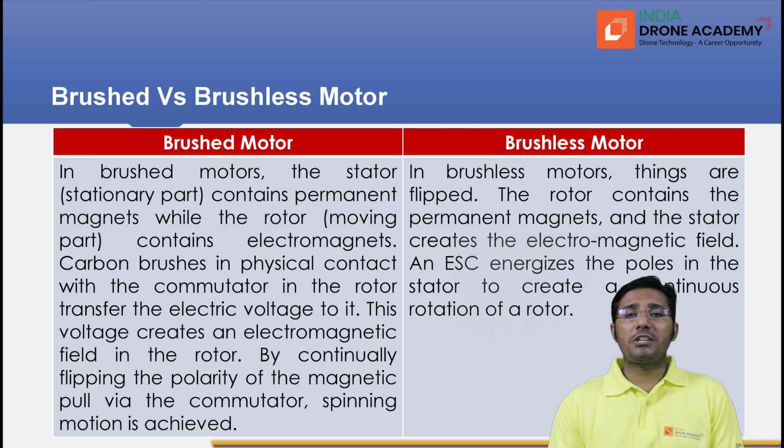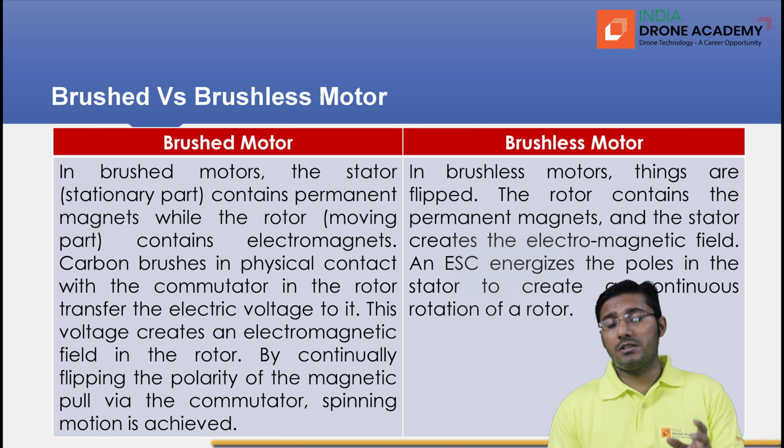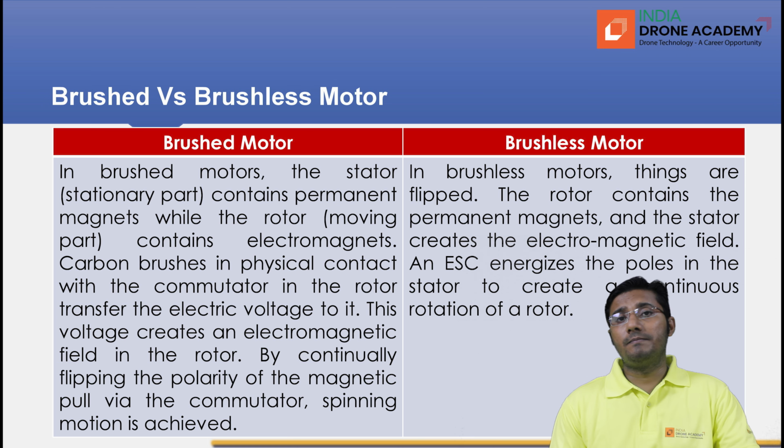The working of a brushed motor and a brushless motor differs from each other. If we talk about the brushless DC motors, which are commonly used by drones right now, in brushless DC motors, there is a rotor, which is a rotating component, and the rotor is actually a kind of permanent magnet having north and south poles, and the stator part of the brushless DC motor carries coil windings, or you can say coil arrangements.